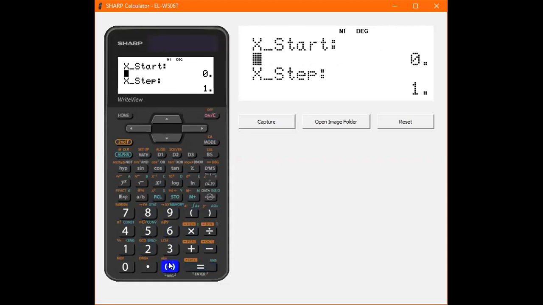Let's make our start negative 180. So you need to use the negative button and not the minus sign, just because the minus is a function sign and negative is a value sign. And then, of course, if you wanted to, you could do it in steps of 1. It would just take you a very long time to get through anything relevant. So we're going to just make our step 15 and press equals.